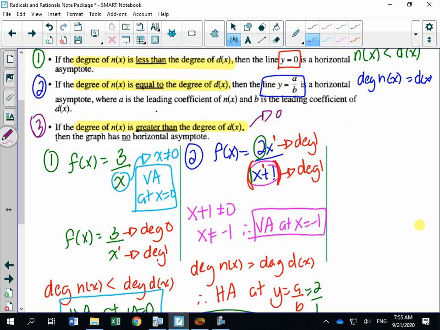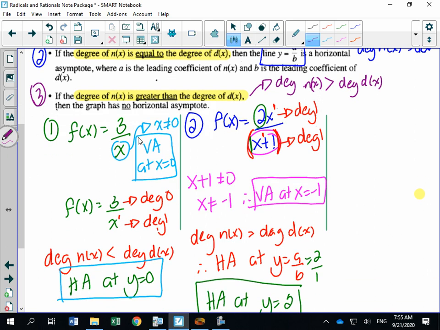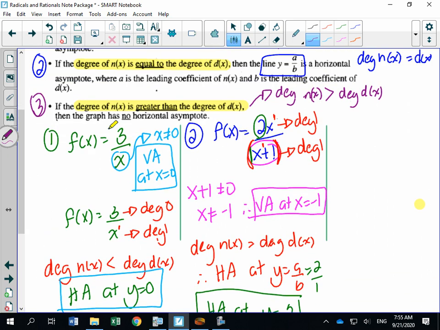Degree of the numerator n of x is greater than the degree of d of x. If that's the situation, we're going to have no horizontal asymptote, okay? So if that's the case, we have no horizontal asymptote.